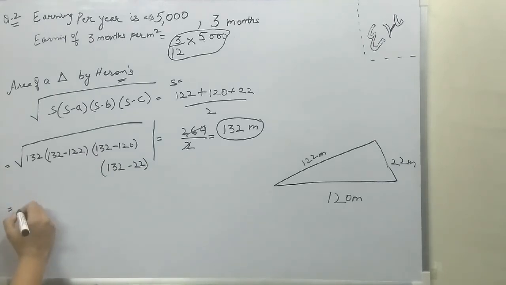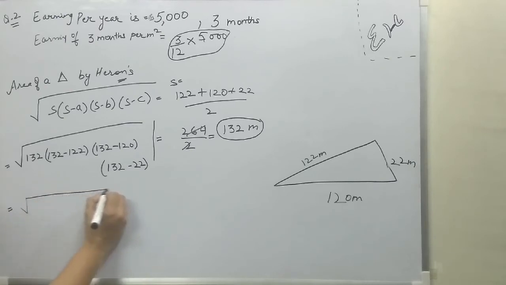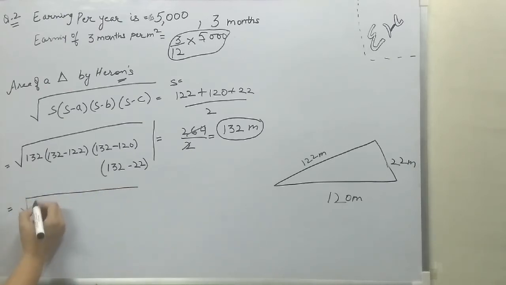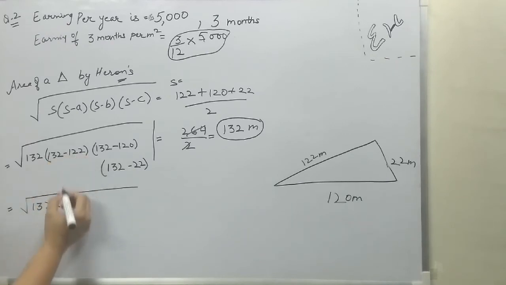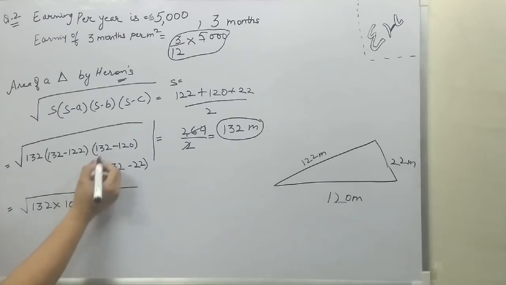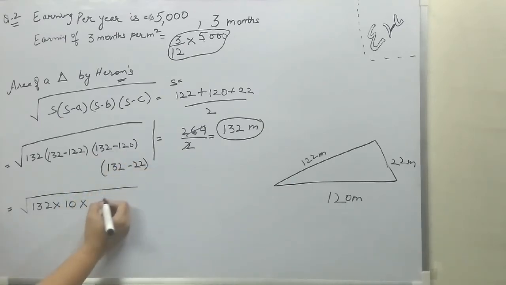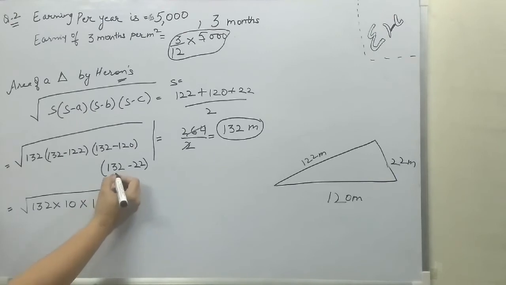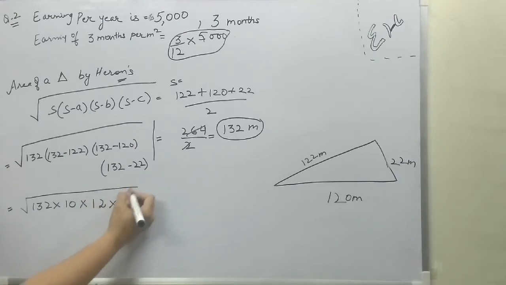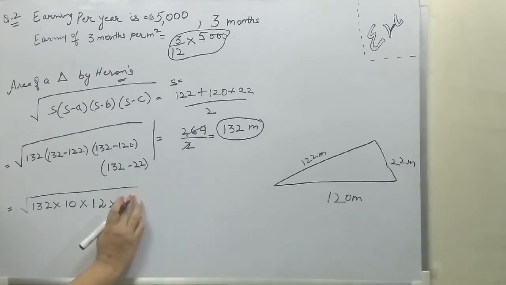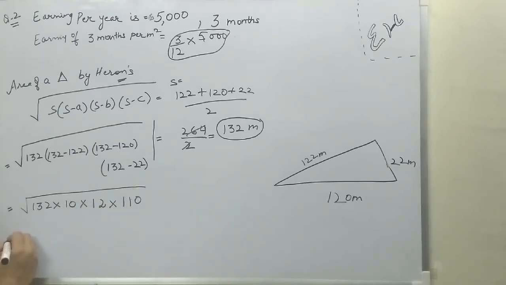You will get 132 multiplied by 132 minus 122 is 10, multiplied by 12, multiplied by 132 minus 22 is 110. You will get this.